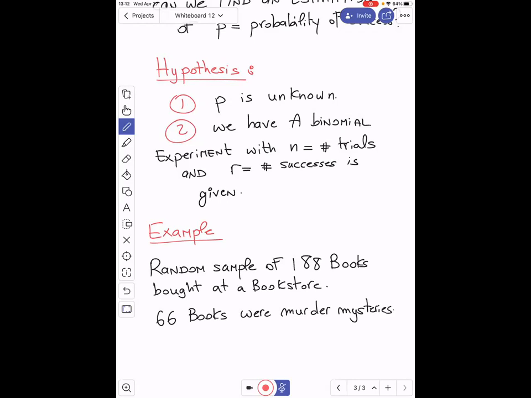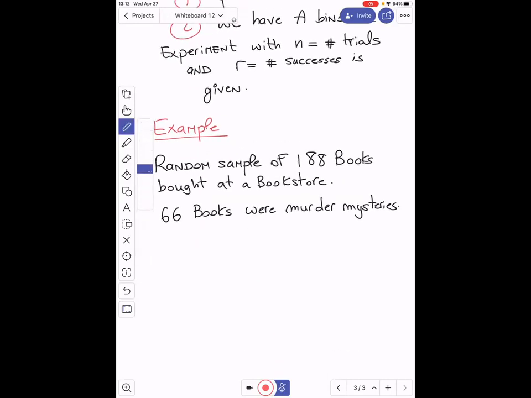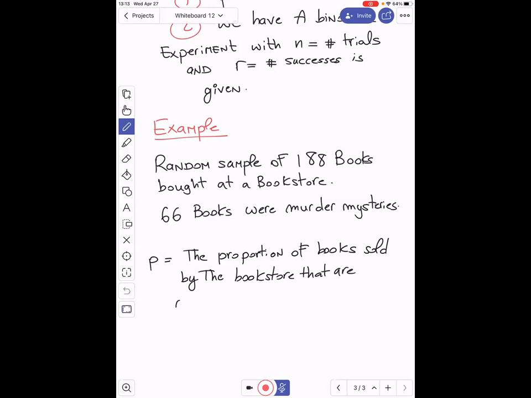So suppose P is the proportion of books sold by the bookstore that are murder mysteries.